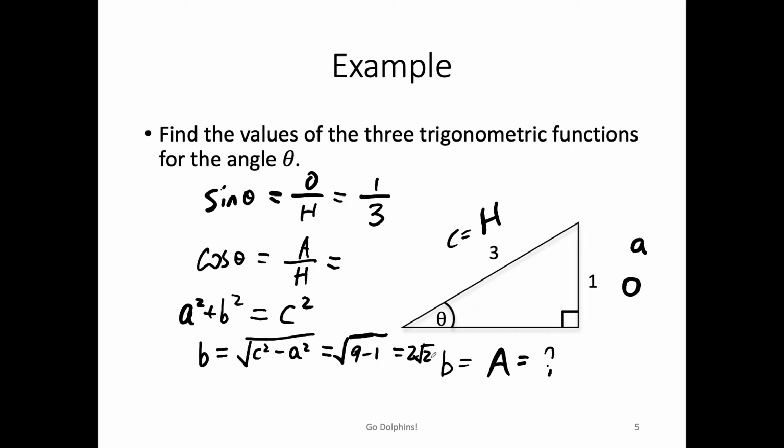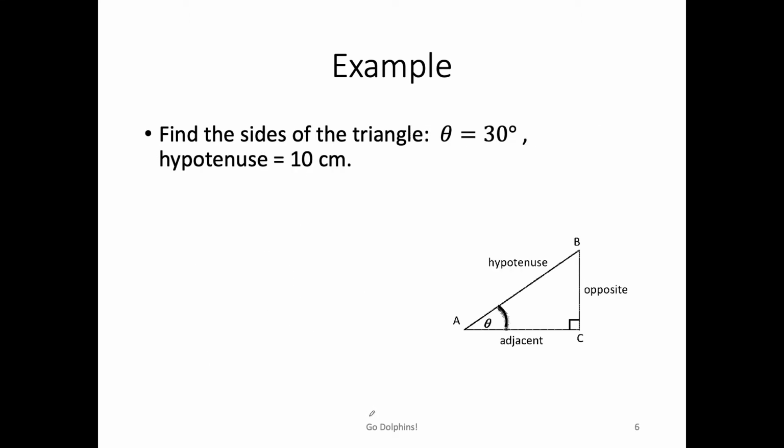So cosine theta should be adjacent side, B, 2 square root 2 over 3. And then of course tangent theta equals opposite side over adjacent side, which equals 1 over 2 square root 2. And you can put it into a calculator to find the numerical value.